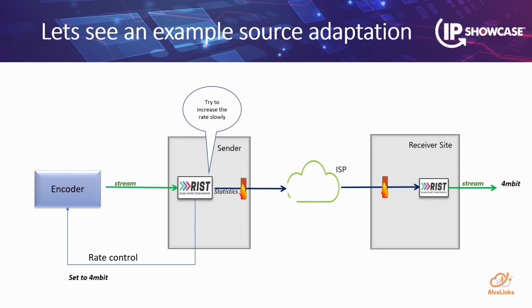But now, do we want to stay at the 4 megabits? The answer is no. We want to change back. We want to increase the quality. So let's try to change to 5 megabits and see what happens. So we now command the encoder, hey man, change the rate to 5 megabits.